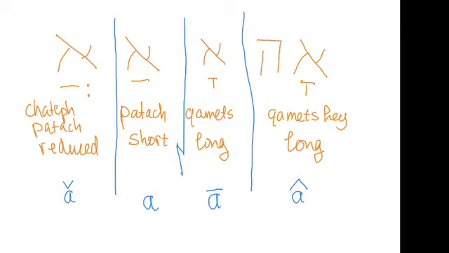So, any questions here? You never have a patach hey. To my understanding, you don't have a patach hey because the patach is short and the historical vowels are always long. Maybe there are exceptions, but not to my knowledge.